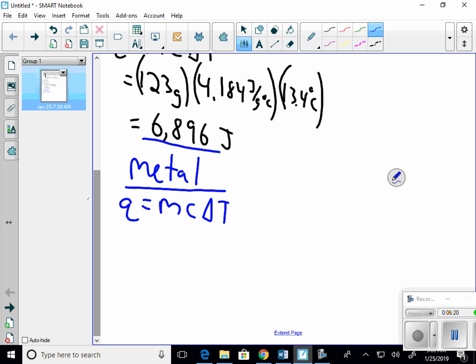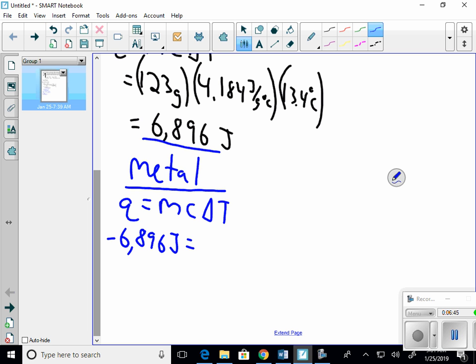The water heated up. That's why we have a positive Q value. Is the metal going to heat up or cool down in the process of this experiment? Cool down, right? So it's not going to be a positive 6,896. It's a negative 6,896 joules.